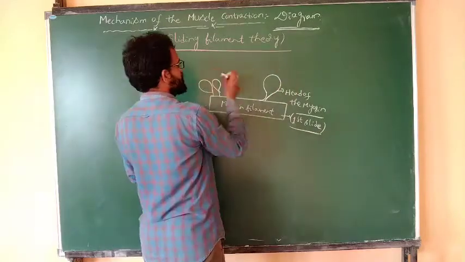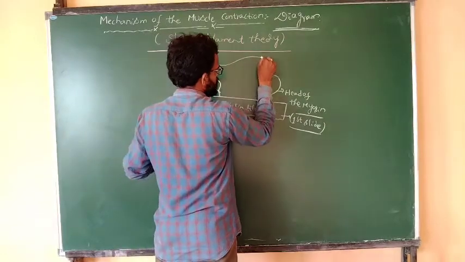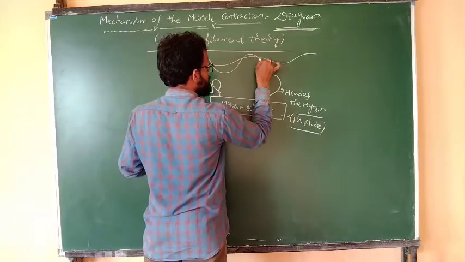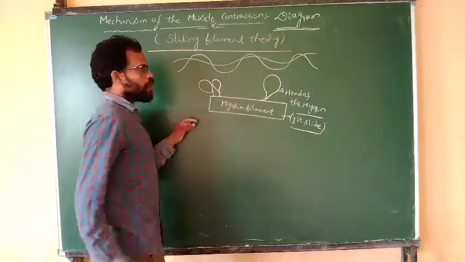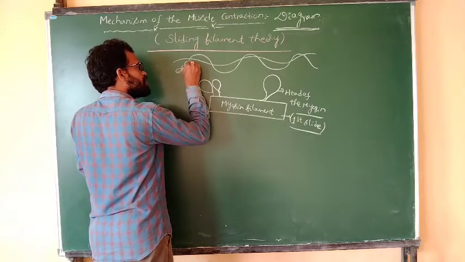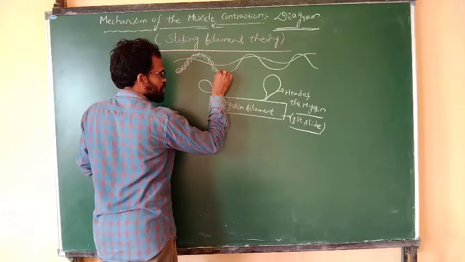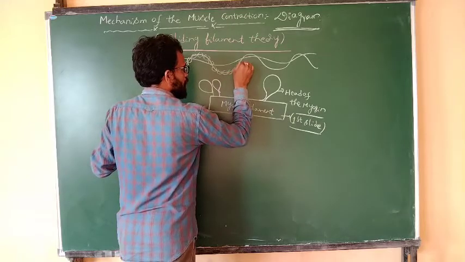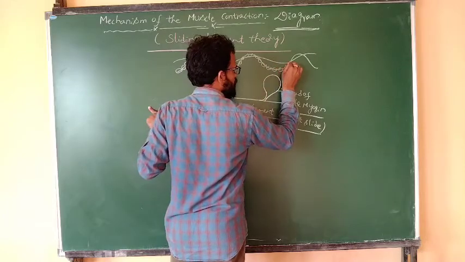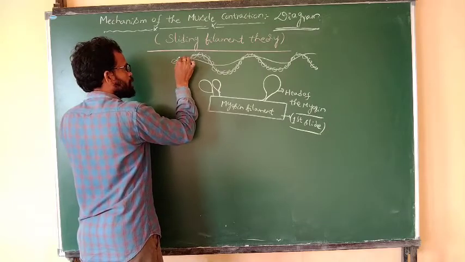Second slide, actin filaments. The actin filaments are always helically coiled.